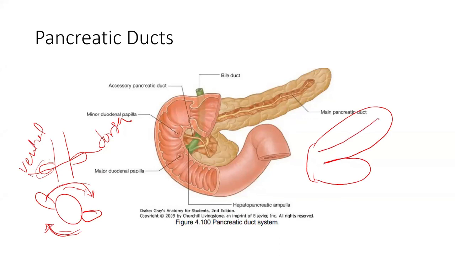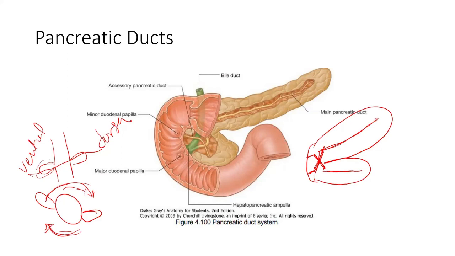So you have the duct of the ventral part here, duct of the dorsal part here, and later during development these two get exchanged, right?